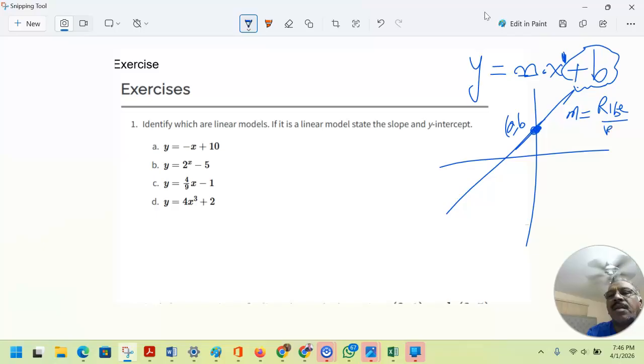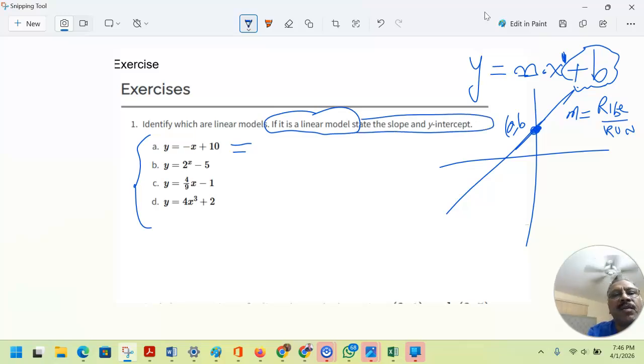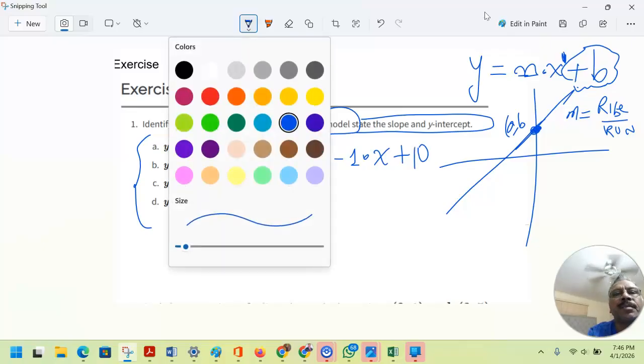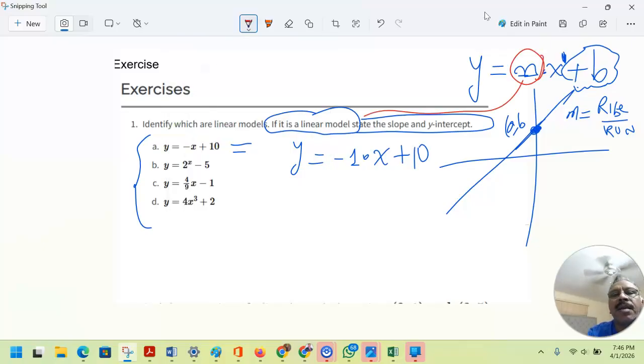So we have seen this already, so let's apply it here. Among these, which one is linear? The question is, if it is a linear model, state the slope. The first one can be written as minus 1 times x plus 10, where you can clearly see the m here.